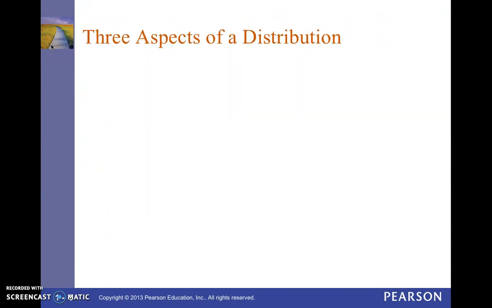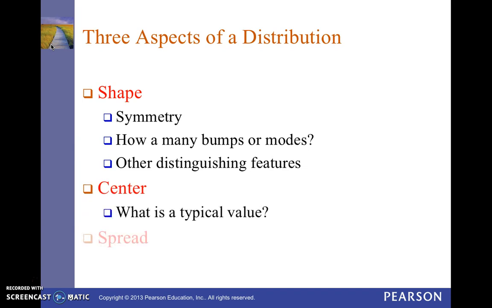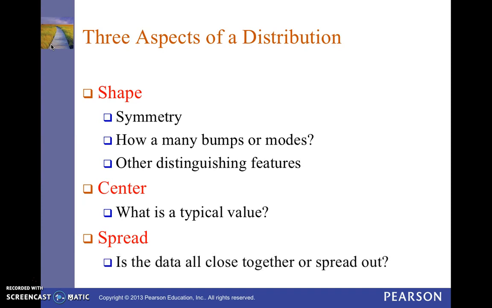So once again, if we think about the three aspects of a distribution, the idea of shape, we're talking about symmetry and how many bumps or modes there are, the distinguishing features. We talk about the center, what the typical value is. And once again, we're talking about spread, whether the data are all close together. I wanted to come back to this because it doesn't really matter if we're talking about numerical or categorical.